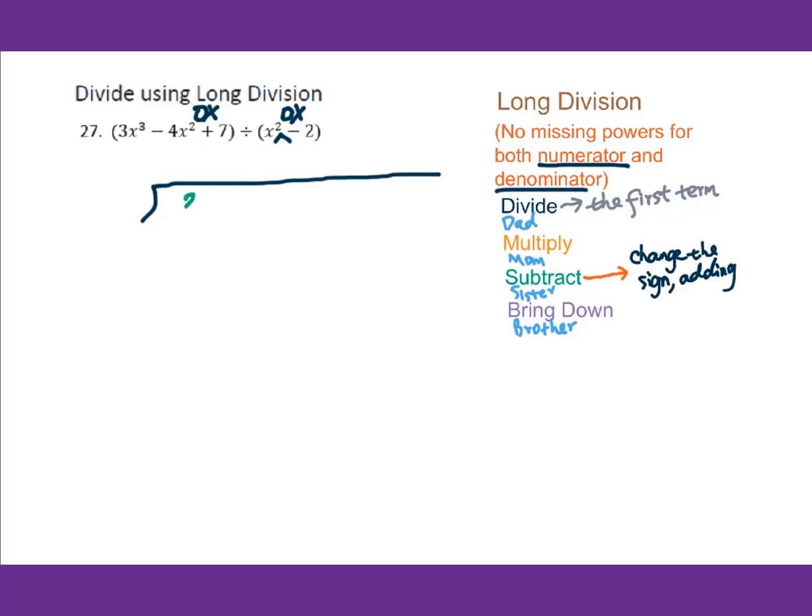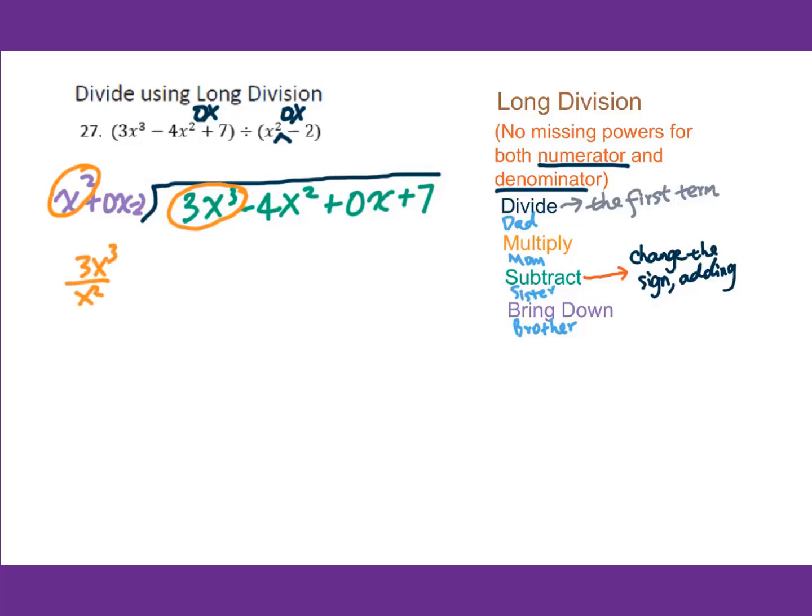So we write down 3x third power minus 4x squared plus 0x plus 7. For denominator, we got x squared plus 0x minus 2. Divide means the first term you got to do divide. So we got 3x third power divided by x squared, that is 3x. So we write down 3x here.